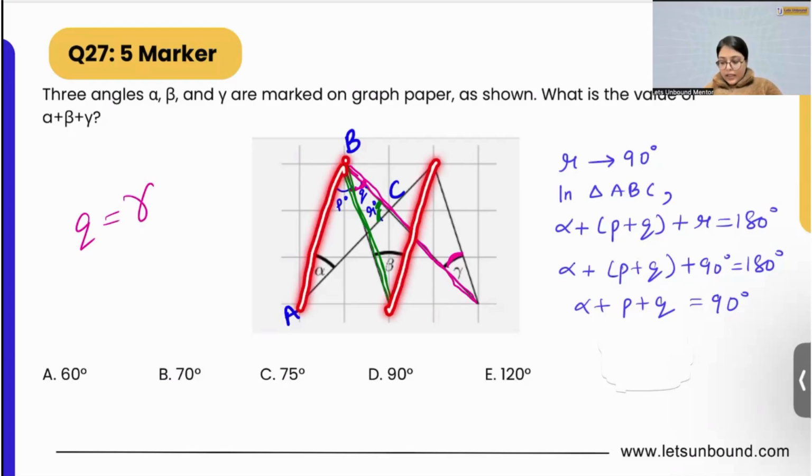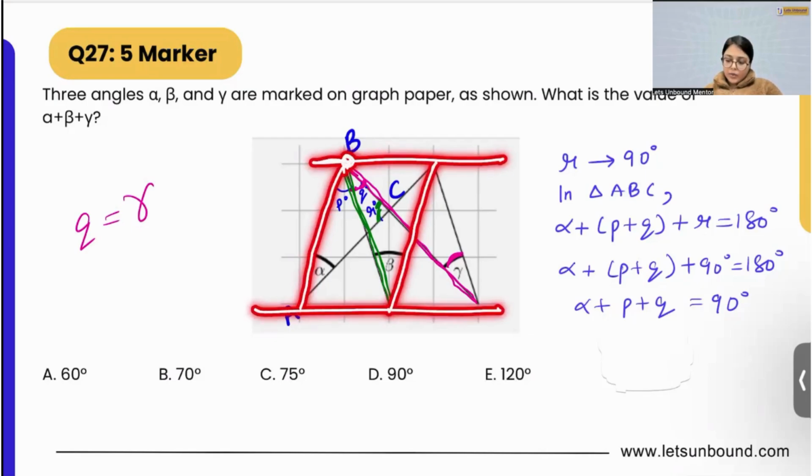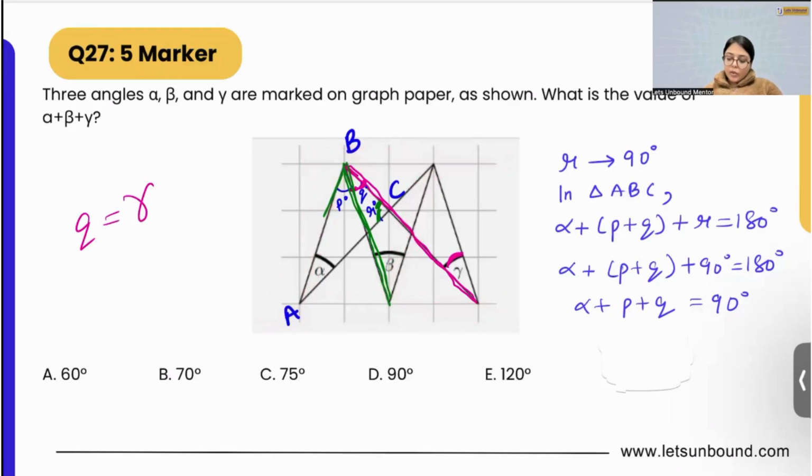Reason, because the other two lines are parallel and these two sides will be equal also. So obviously it's going to form a parallelogram. When two lines are parallel and there's a transversal, these are alternate angles. So that means P will be same as beta. Okay, so P is same as beta.